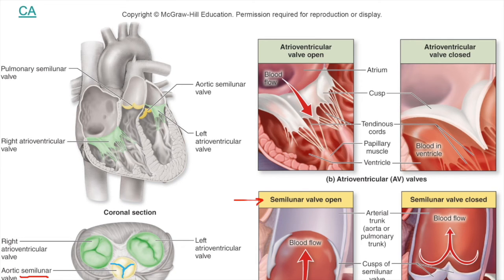The pulmonary semilunar valve is going to prevent backflow from the pulmonary trunk to the right ventricle. And then we have the aortic semilunar valve, which is going to prevent backflow of blood from the aorta to the left ventricle.